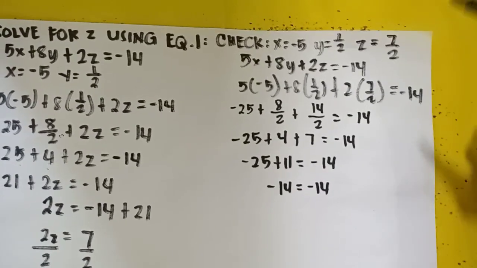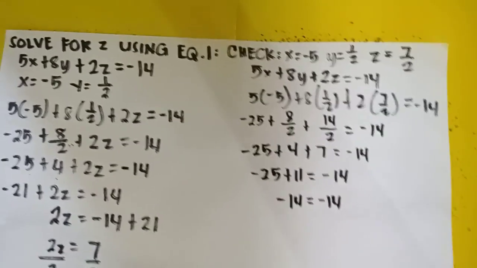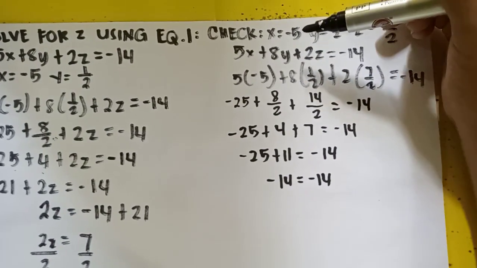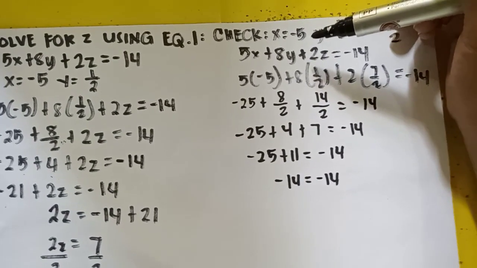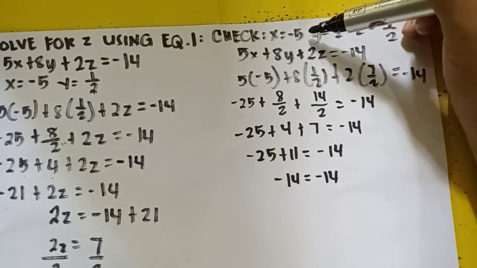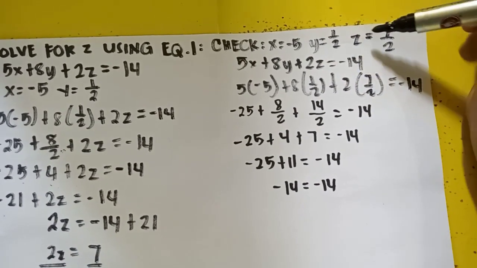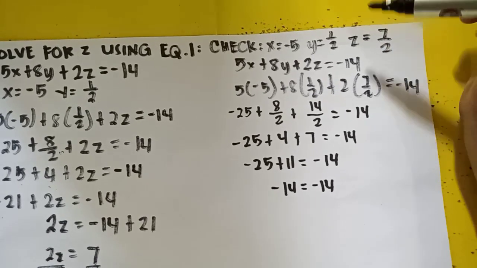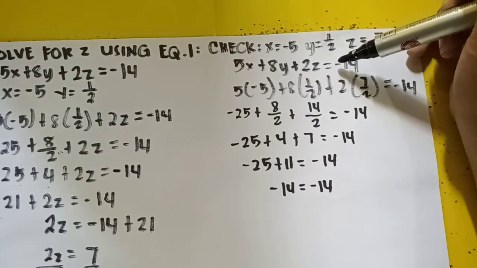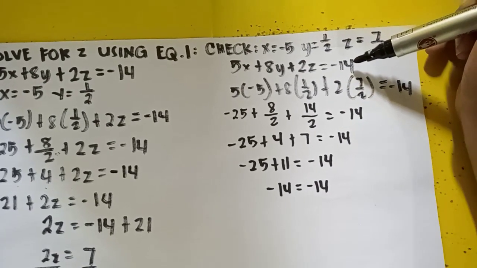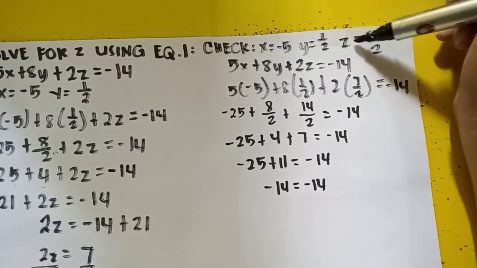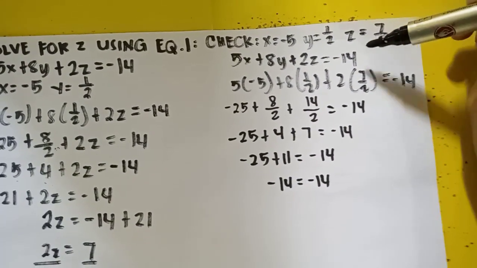To check if our answer is correct, we already have here the values of x, y, and z. The value of x is negative 5, and the value of y is 1/2, and the value of z is 7 over 2. We will use this equation: 5x plus 8y plus 2z equals negative 14. And we will substitute all the values of these variables.